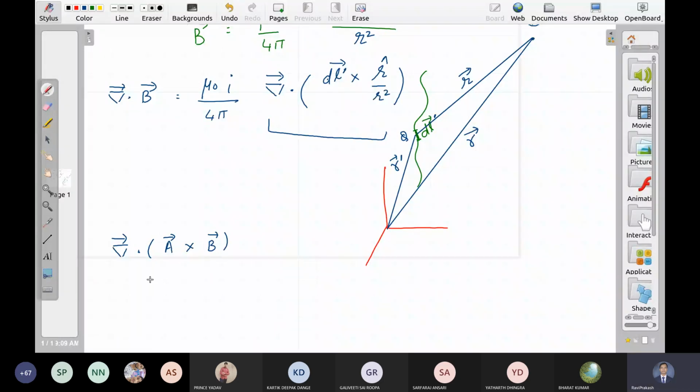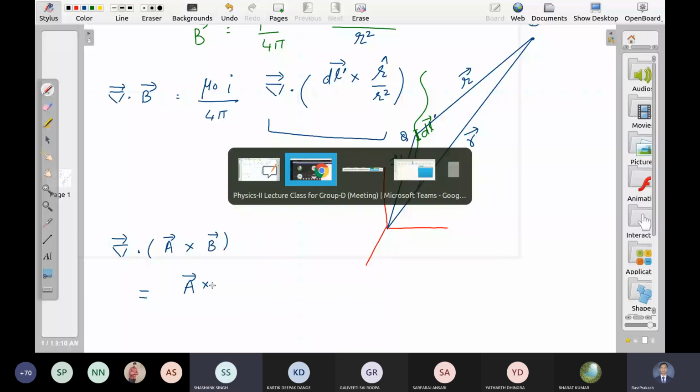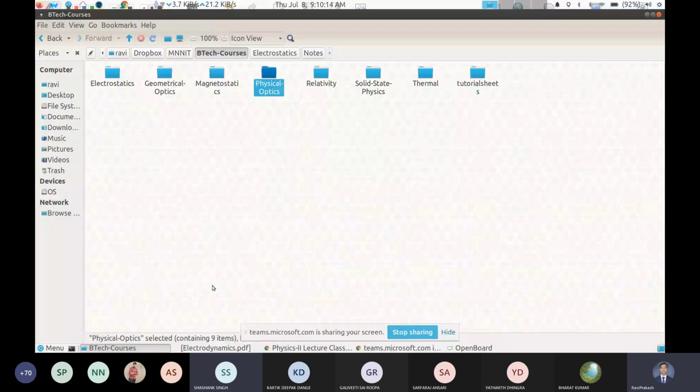So this quantity, if I remember correctly, is equal to, let me take it from the book, otherwise I'll make mistakes. So divergence of A cross B. Sir, it will be a scalar triple product, right?